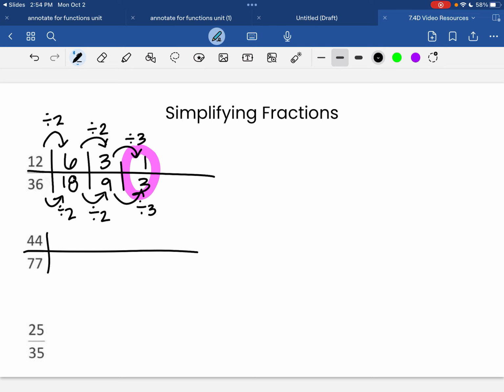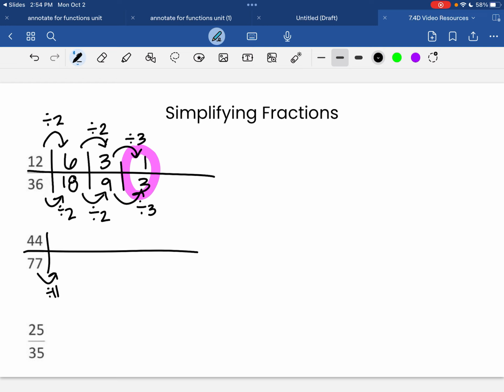So I cannot use 2 to simplify or scale it down into another whole number. But I noticed the pattern with 44 and 77 that the tens digit and the ones digit are the exact same digit. And I know this happens when I've multiplied a single digit by 11. And so I'm going to scale down here by 11.